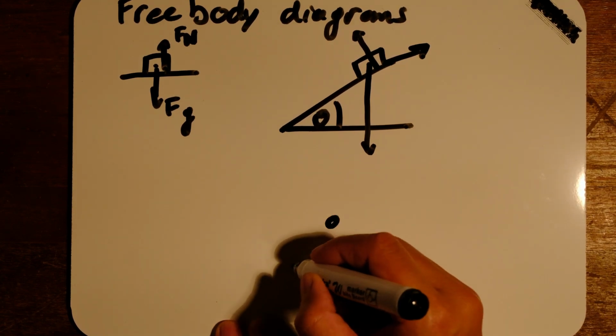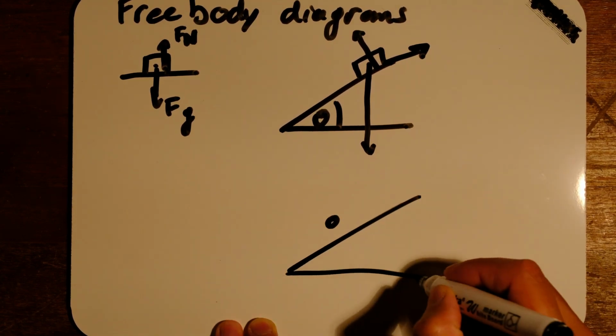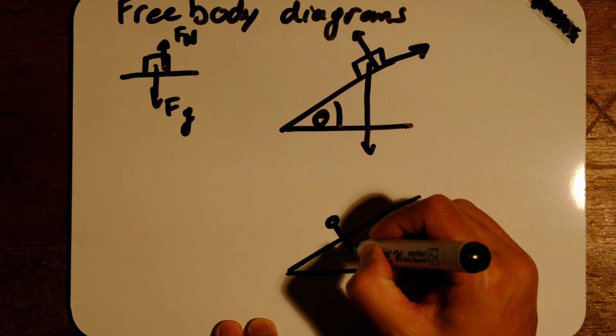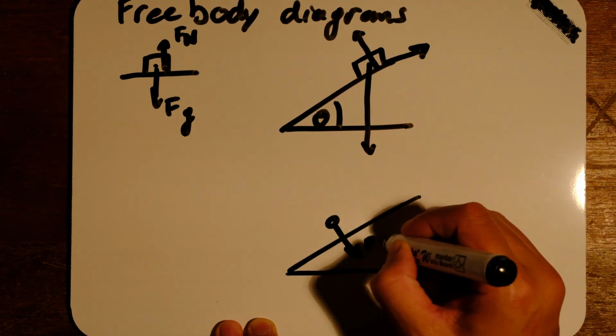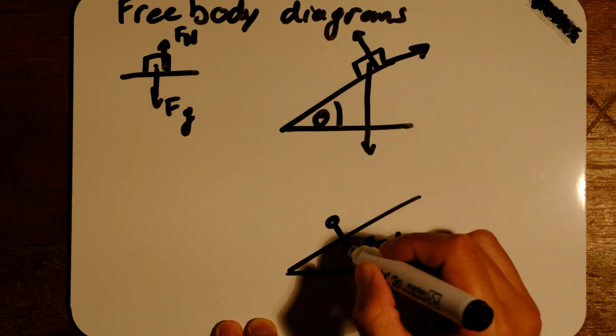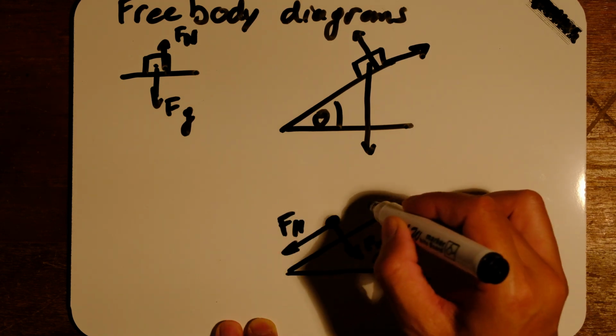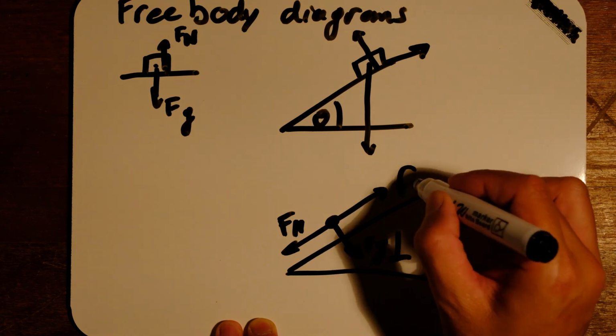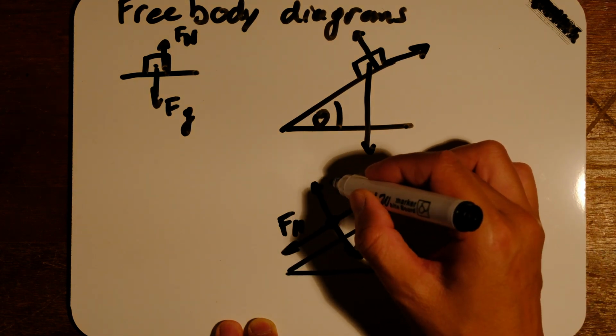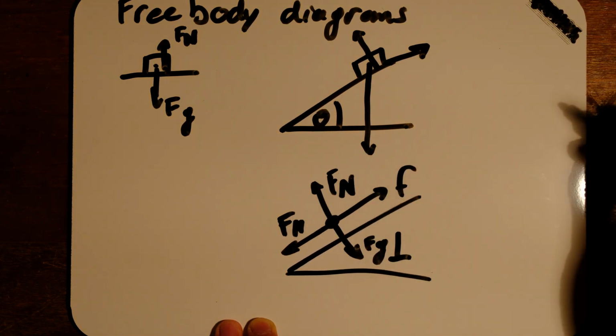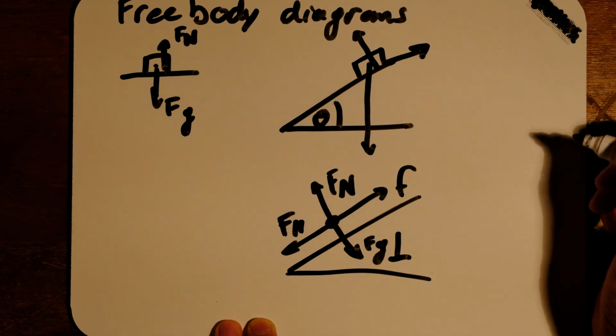If we break that down into a free body diagram, we could break it into the components: force of gravity perpendicular, force of gravity parallel, friction, and the normal force.